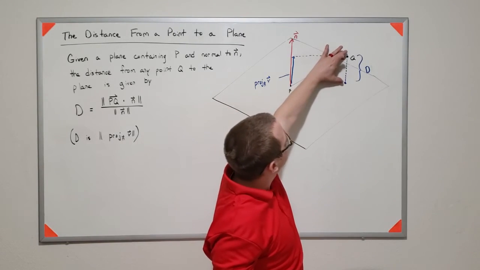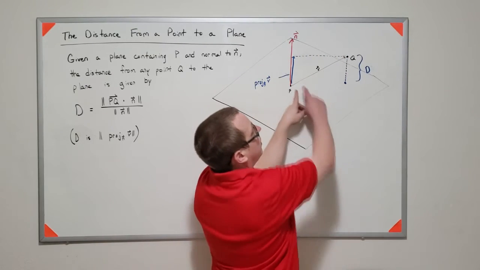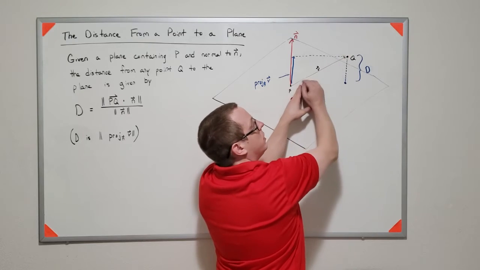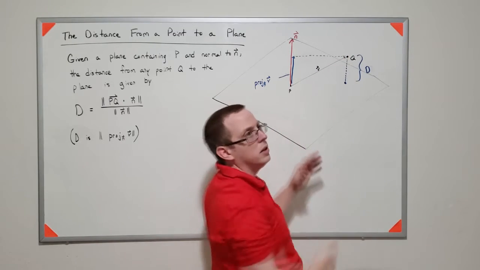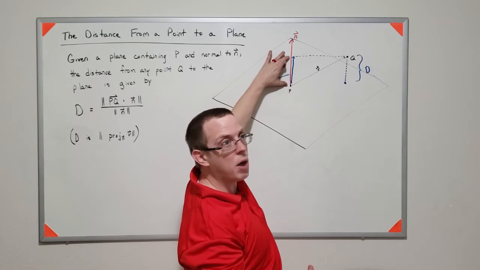Well, that means that this vector is the same as this skewed vector projected. If this vector was projected onto the normal, it would be the exact same height.